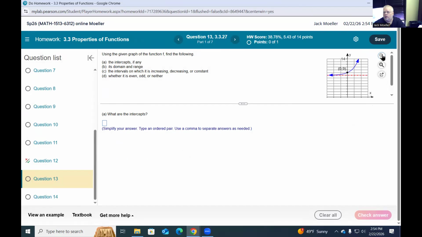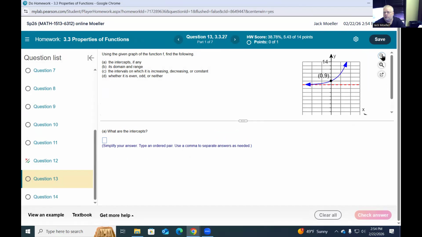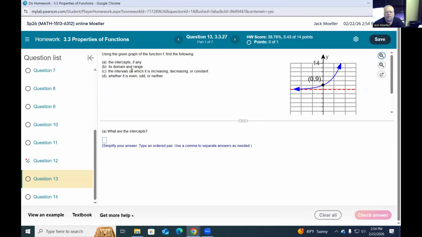This is a preview of something we're going to see in Unit 4. I want to talk about the increase and decrease or constant. So if you look at this, what is this graph doing? Well, isn't it increasing the entire time? Over here, it's very obviously a positive slope, but even here, even though it's not as positive, it's still positive slope.